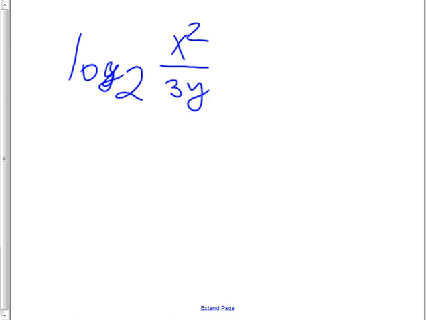If you're going to use base 2, you're going to want to stretch it out into a bunch of log base 2s. If you don't have at least 3 log base 2s, you're doing something wrong.